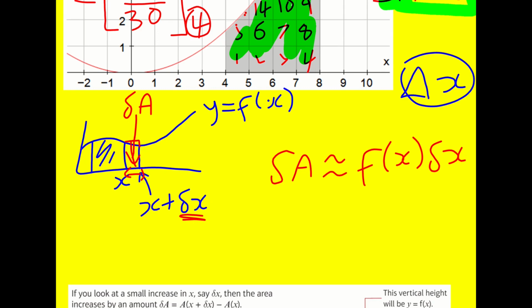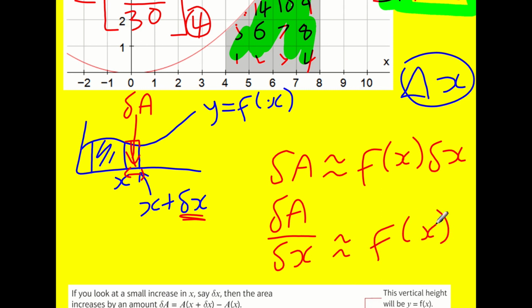We're going to let delta x become infinitesimally small. We're going to take a limit to calculate this area. So I can then write that delta A, I'm allowed to divide, delta A divided by delta x is approximately f of x. And now comes the calculus bit. I'm going to leave a bit of space here.